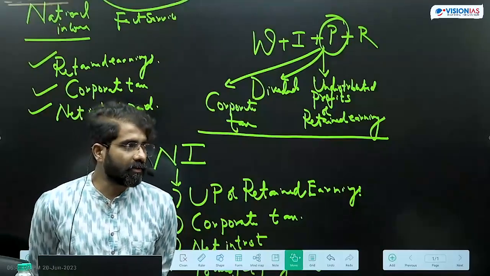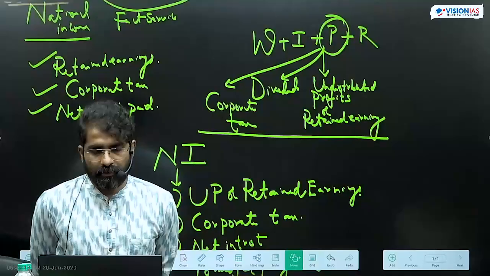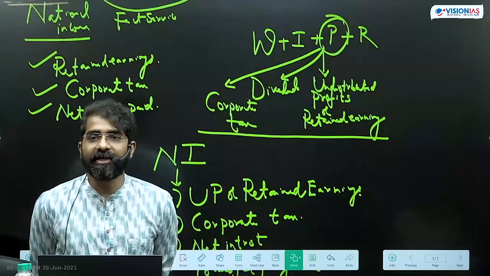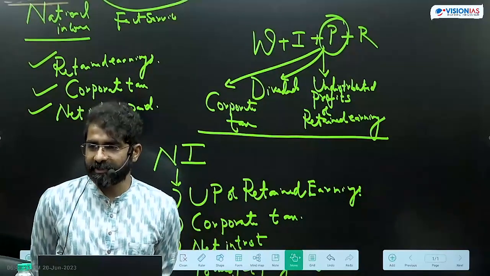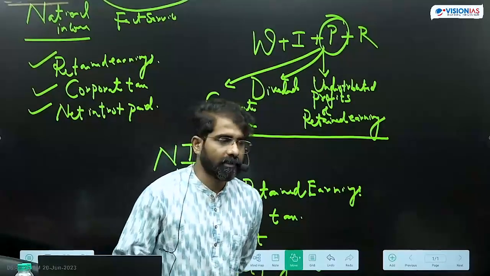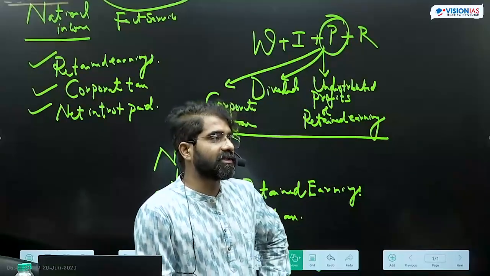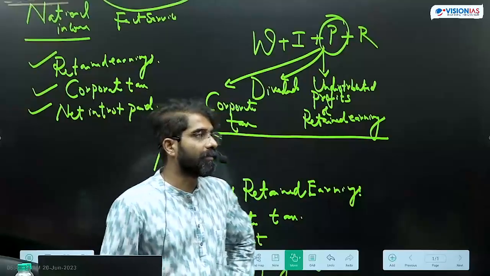Is that okay? Next point. Write this point under personal income. Interest on national debt is included in personal income.